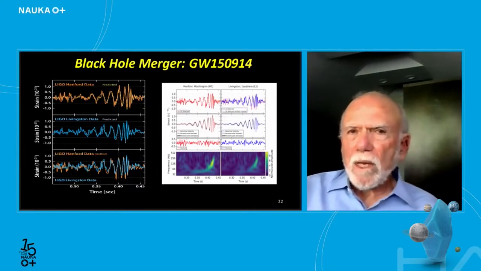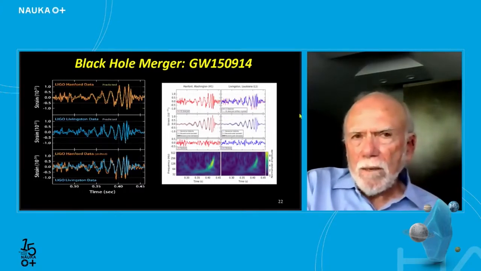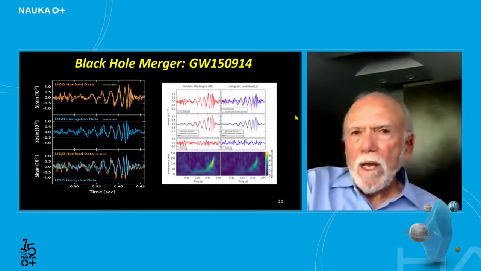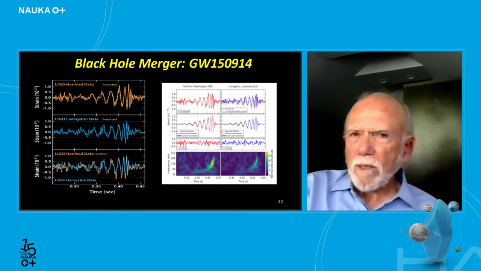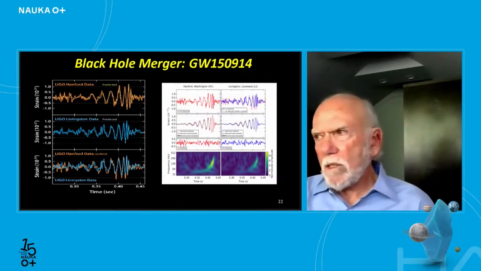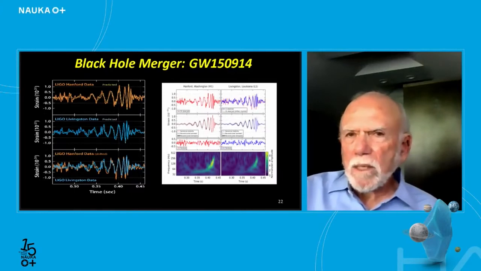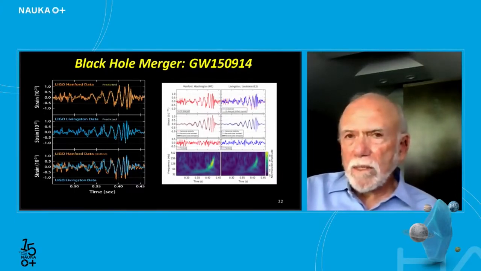The top picture on the left is the same as the one in the first picture that I showed you on the top very left. And that is the picture from Hanford, Washington. On the right is a picture from Livingston in two different colors. In the middle, what you see is the calculations of what the signal would be expected to look like using Einstein's theory of general relativity.